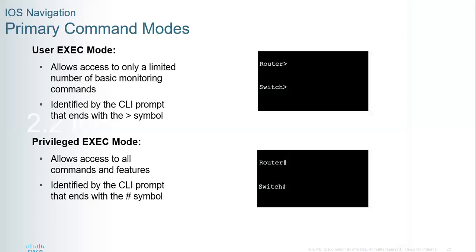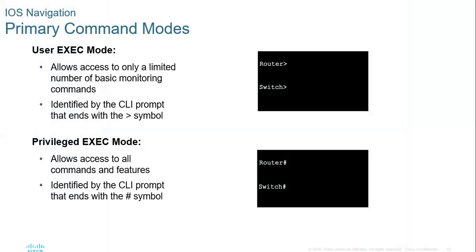IOS navigation. So what is meant by IOS navigation? In IOS navigation, the primary modes are user execution mode and privilege execution mode.